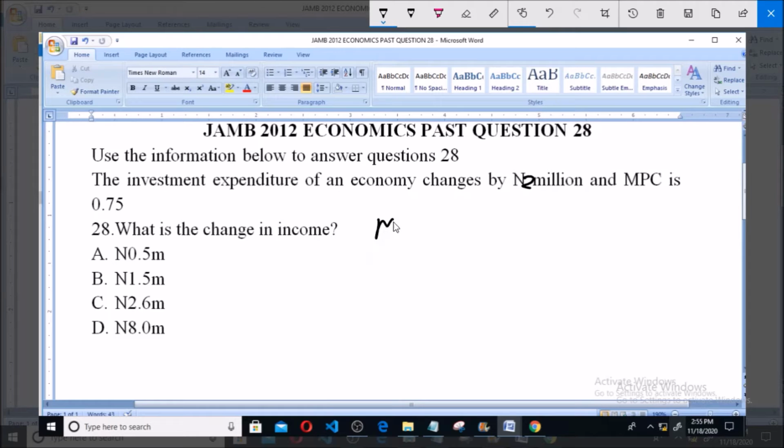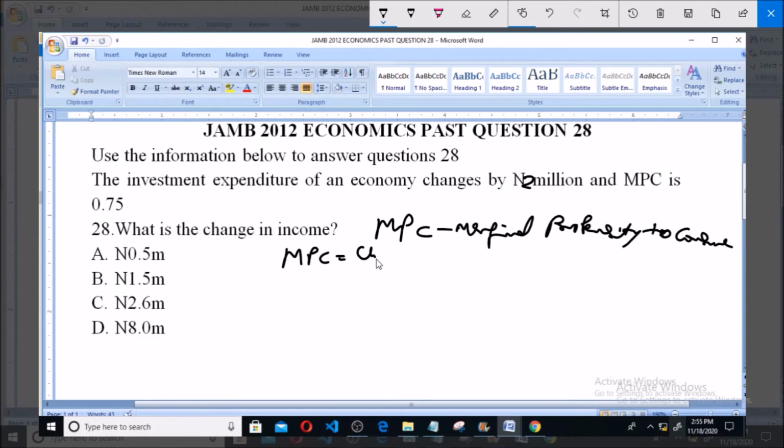Now our MPC, which is marginal propensity to consume, is equal to change in consumption over change in income.